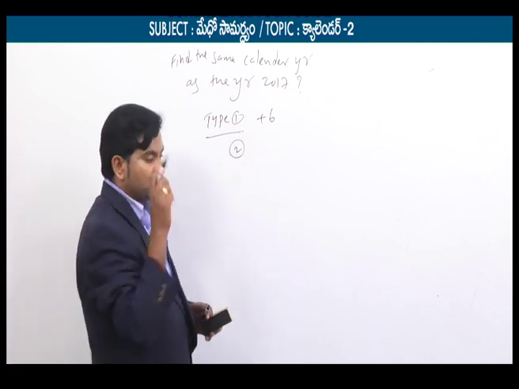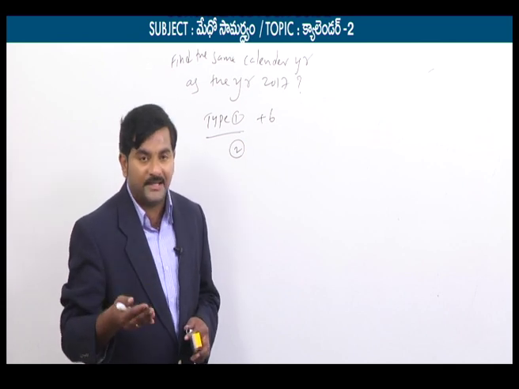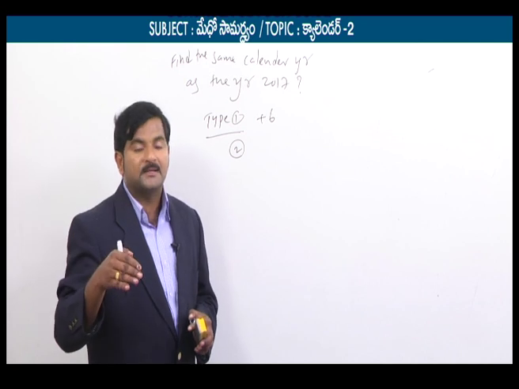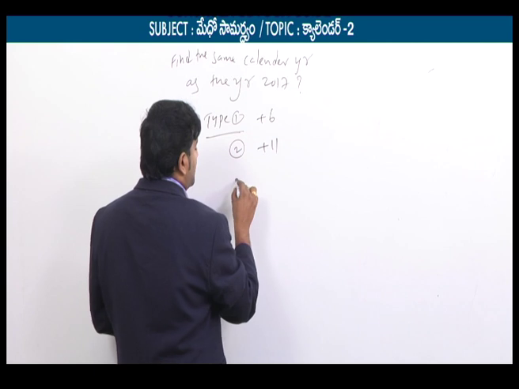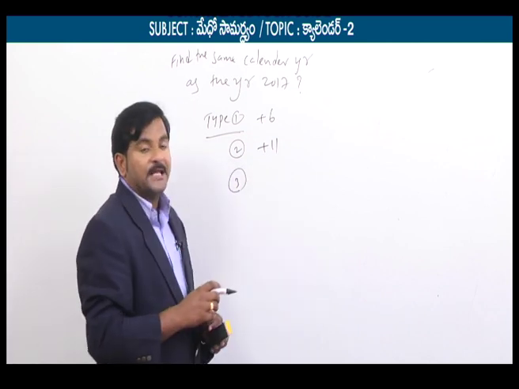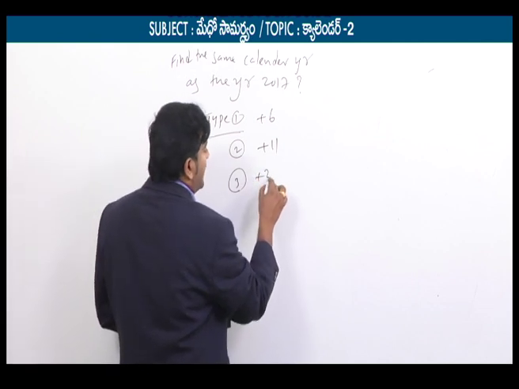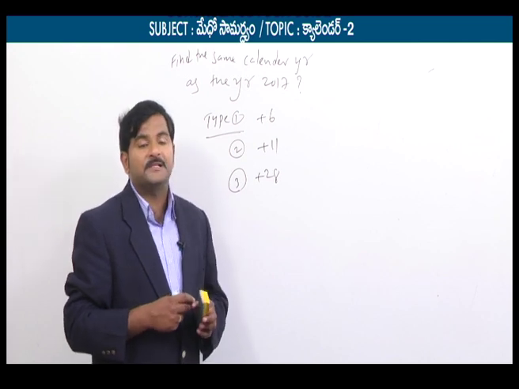Second point, to get the same calendar year as the years which is after second and third years after leap years, we need to add simply +11. To get the same calendar year as the leap year, simply we need to add +28. I repeat these 3 points once again.